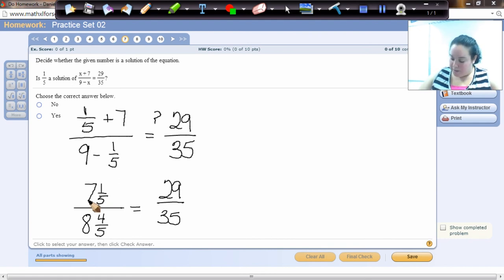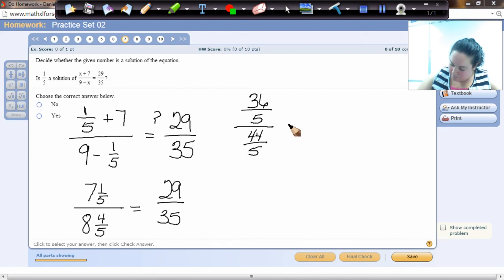So 7 times 5 is 35, plus 1 is 36, over 5, over, okay, 5 times 8 is 40, plus 4 is 44, over 5, over 35. And again, we're trying to figure out, is this equal?